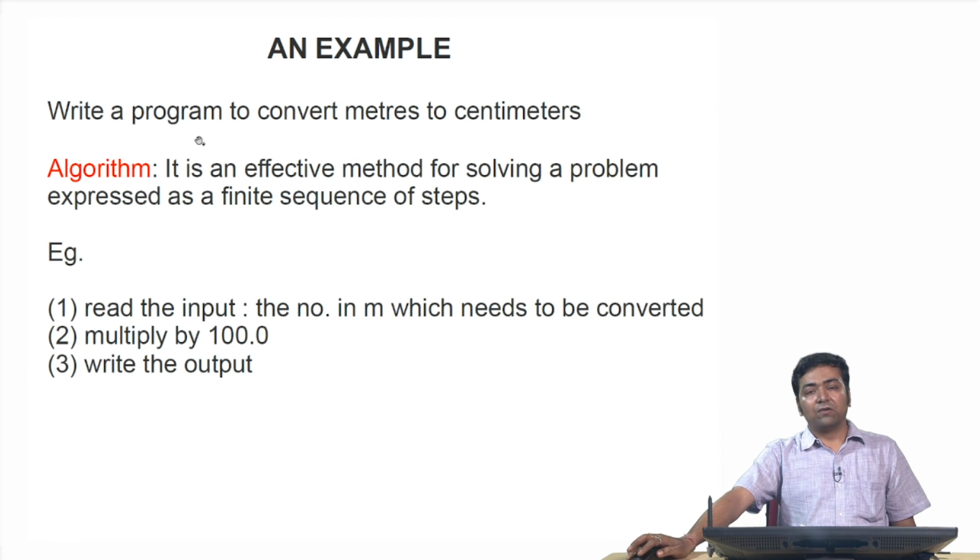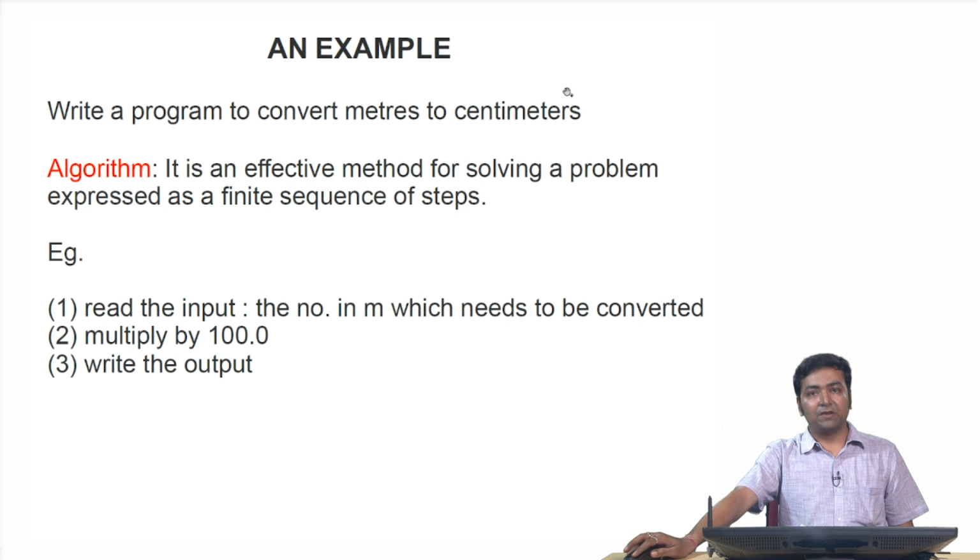So, how do I pass on all these instructions which I have just spoken of to the Fortran compiler, and then the compiler passes it to the machine? This is conceptually developed by using something called an algorithm. An algorithm is basically an effective method for solving a problem, expressed as a finite sequence of steps.